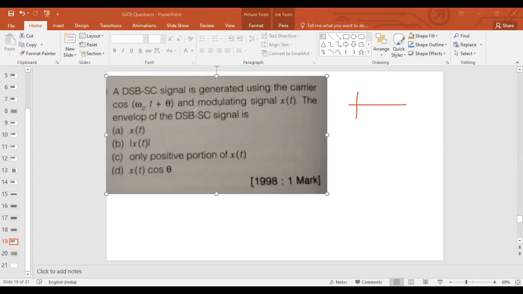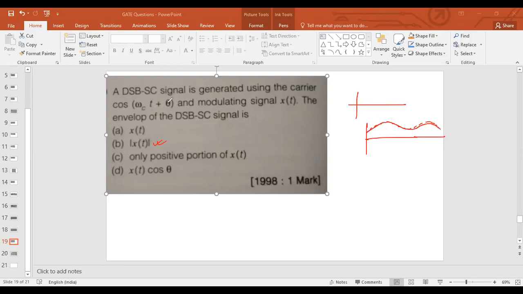So you have to remember that we will always get the mod of xt. The mod of xt means what? That we will get the RMS values. What we want to generate, we have to generate the modulating signal at the receiver again.